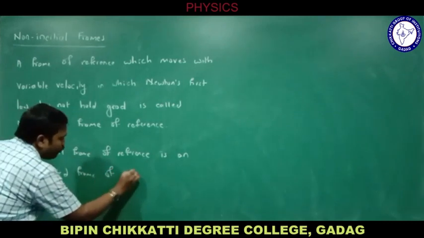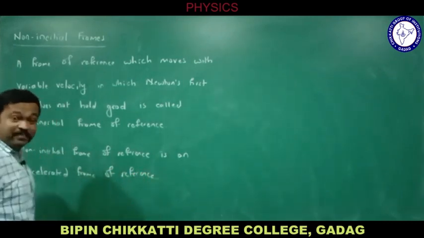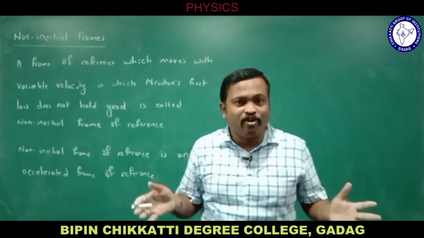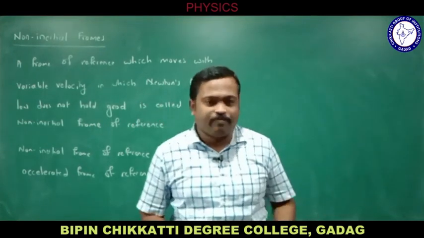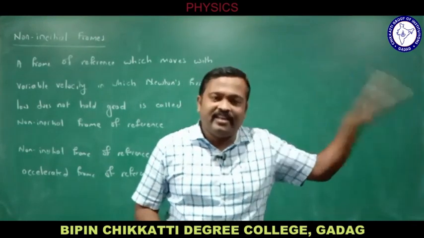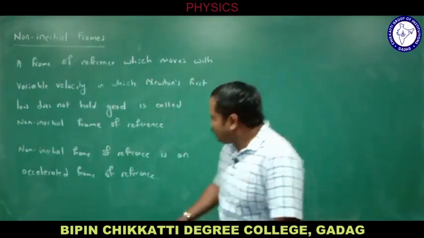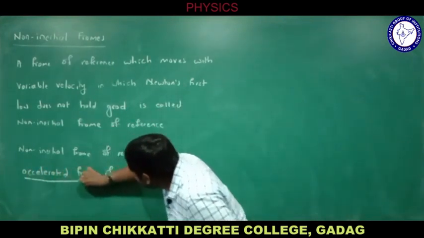It can also be called an accelerated frame of reference. It means you are accelerating, either increasing or decreasing the speed. If you are either increasing or decreasing the speed, then we call it an accelerated frame of reference.